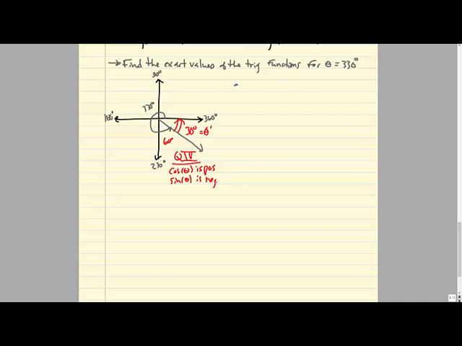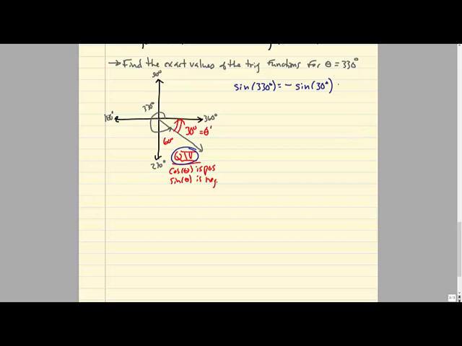So I could find the sine of 330 degrees, and I know right away that it's going to be a negative value. I know it's going to be negative because I'm in quadrant 4. Now what I can do here is think about this as saying, well, this is just going to be the negative of the sine of 30 degrees because that's my reference angle.